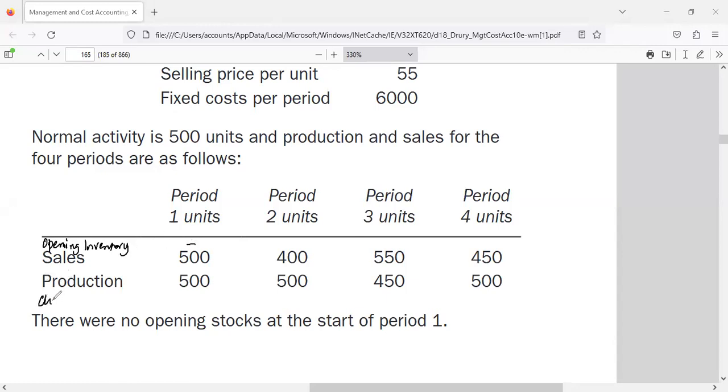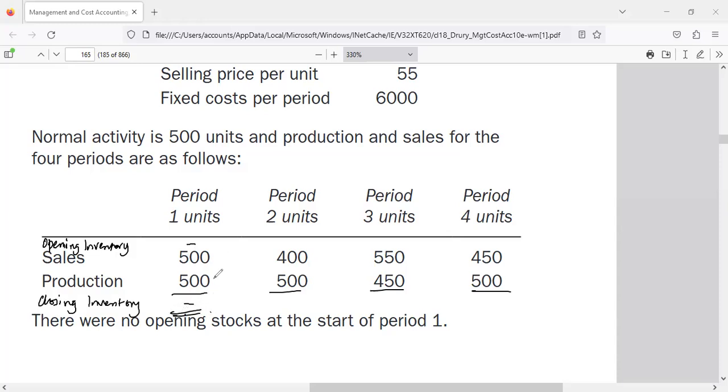Then this is closing inventory. I want to show you how to get the closing inventory. Now, in period 1, opening inventory was not given, so there was no opening inventory, but we have sales of 500 and production was 500. So what you produced all was sold. So in period 1, there is no closing inventory. I'll just put a dash.